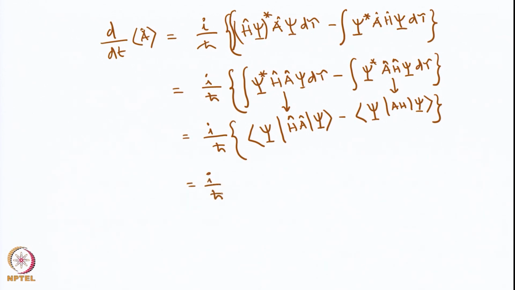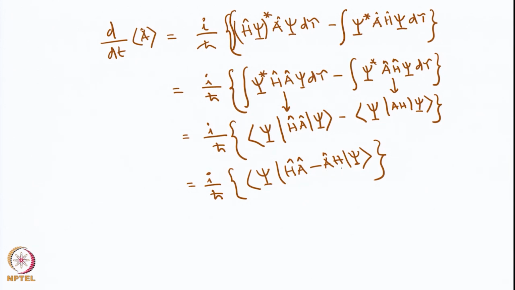Now, these are two different integrals which I can combine into one integral, that is nothing but ψ* (HA minus AH) ψ.